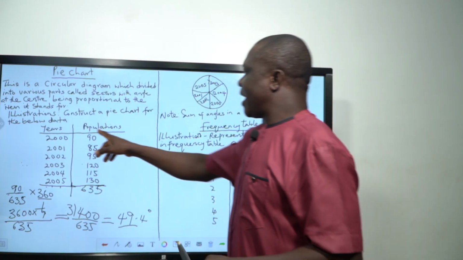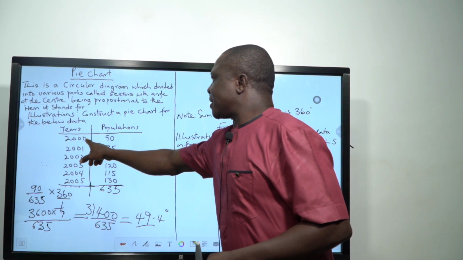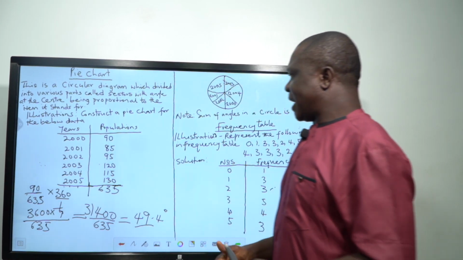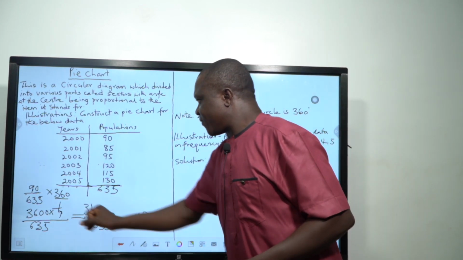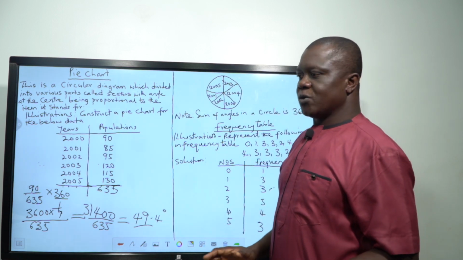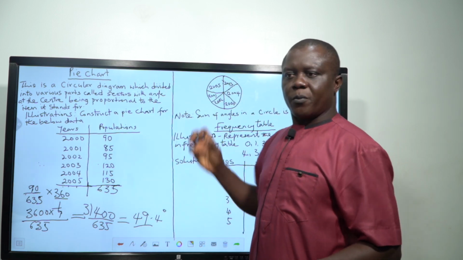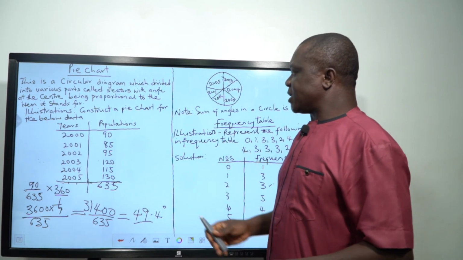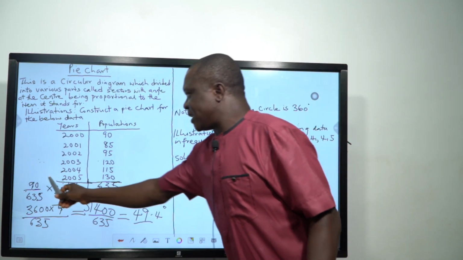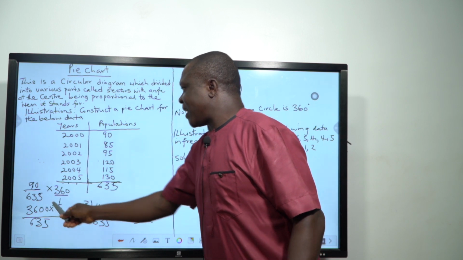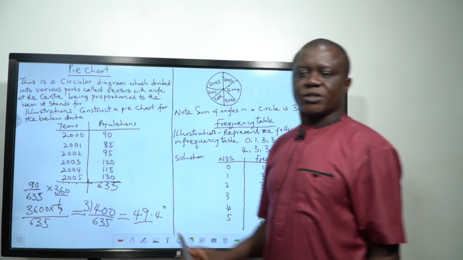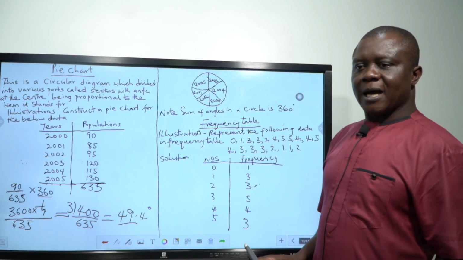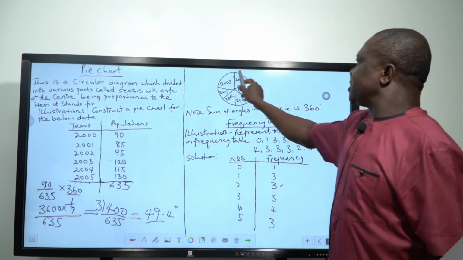Like here, we have year 2000, population is 90. You can see what I solved here: first thing you will do, you will sum the population, and then use the one in question over the total. That's why I said 90 over 635, because 635 is the sum of the numbers given, because it is in a circle.